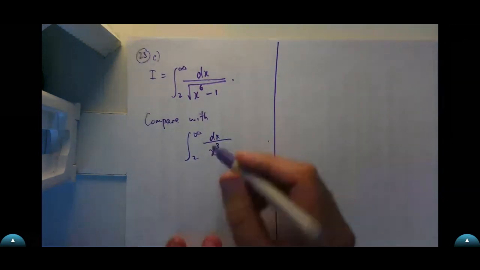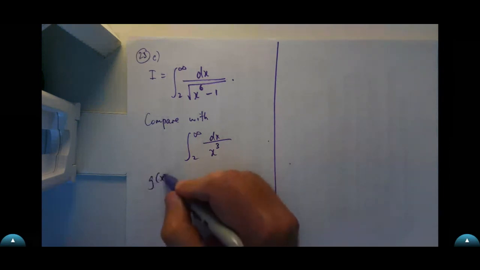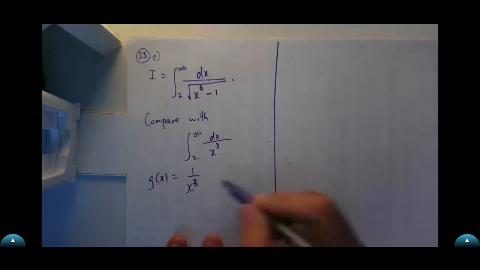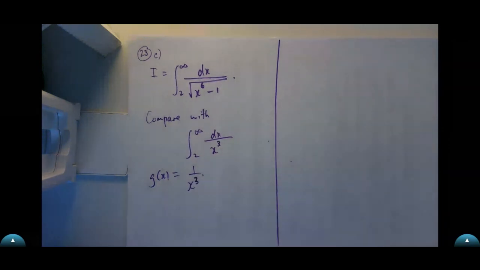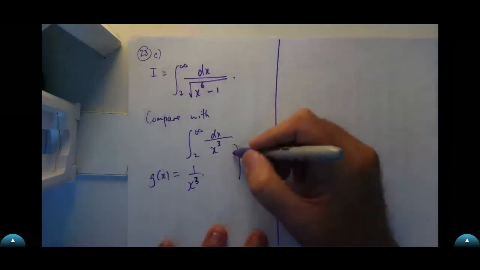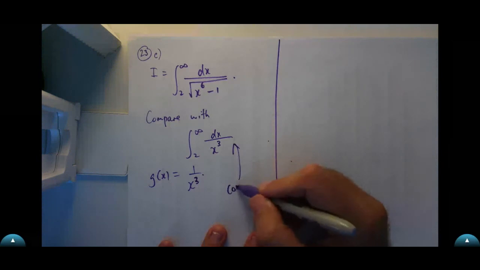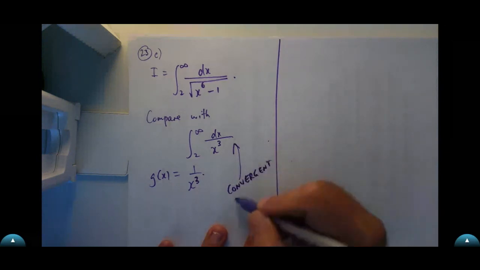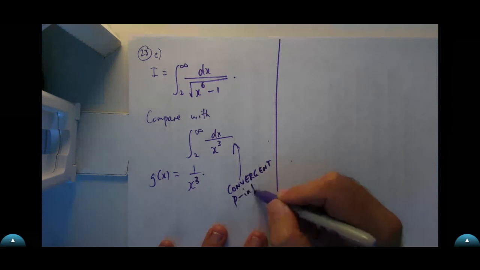So your g of x here is going to be 1 on x cubed, and this is a convergent p integral.